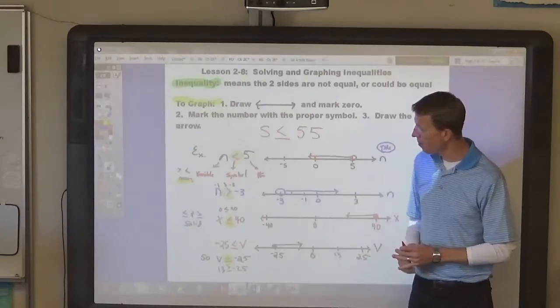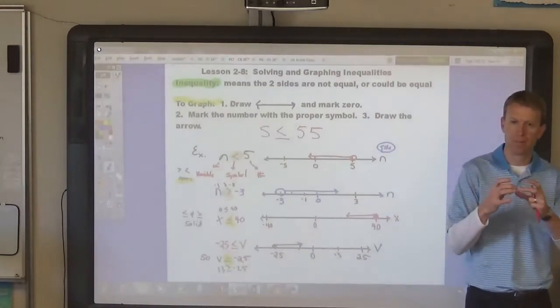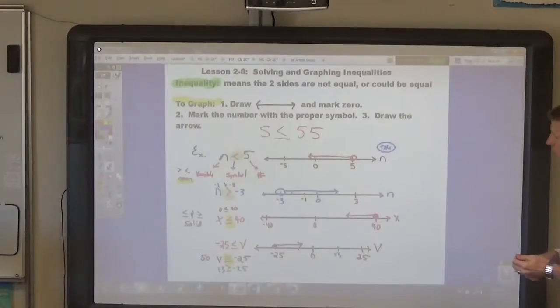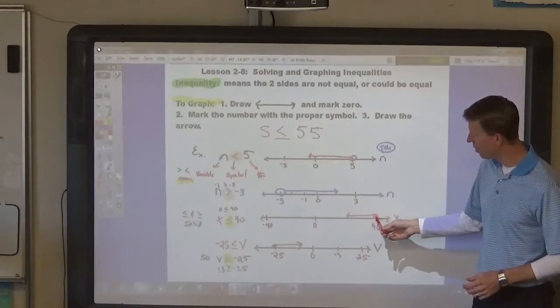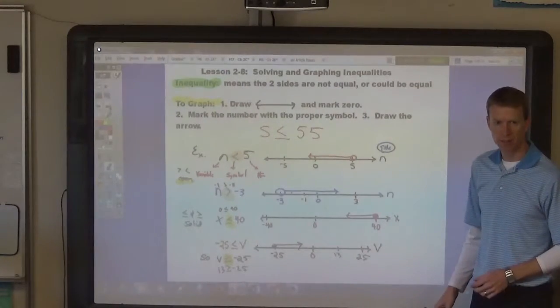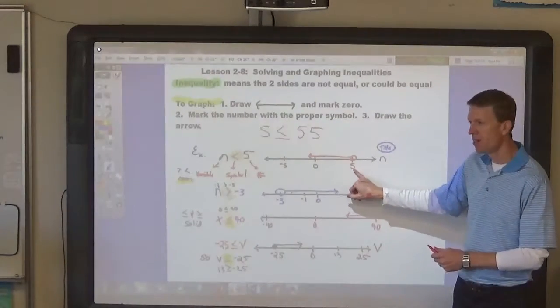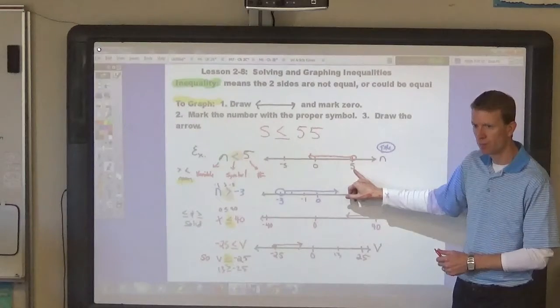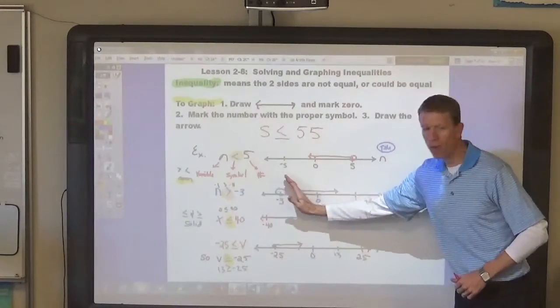You can maybe remember that this is a bigger symbol. It's more information, or it could be equal to. So this number could be used. If it's an open dot, it means this number does not make it true. It has to be less than that number, or it has to be greater than that number.